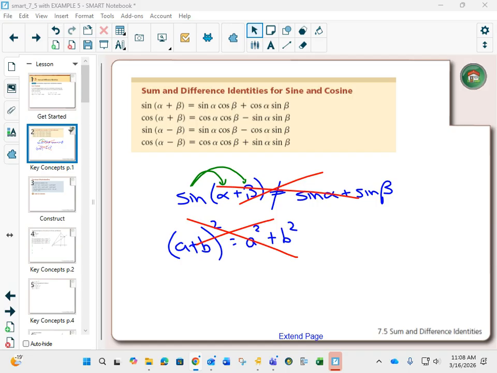So then the question is, well, what happens when I have sine of alpha plus beta, if I have two angles added together? It actually becomes this very, very big formula. And these are on your formula sheets. You don't have to have them fully memorized, but I feel like you need to have them mostly memorized.